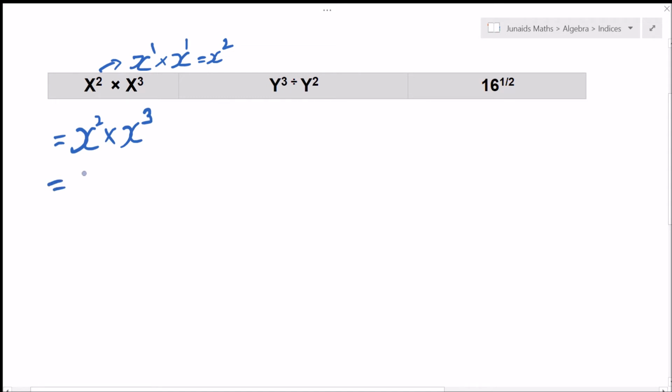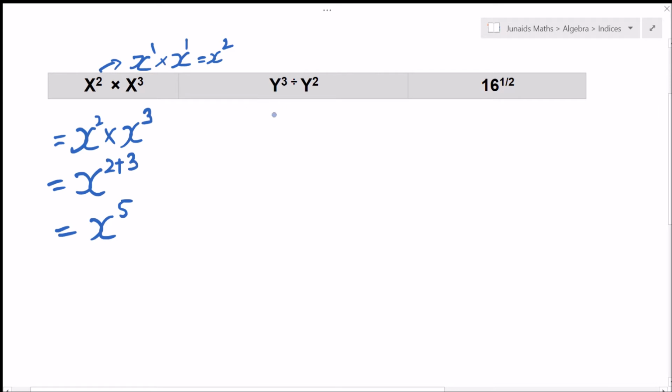The answer will be x to the power 2 plus 3, or x to the power 5. Why is that? As you know, there are 3 x's here and 2 x's here. If you open them up the way I have opened them up here, you will find there will be 5 x's.